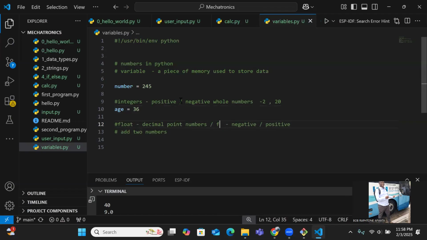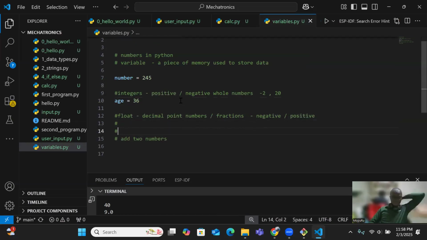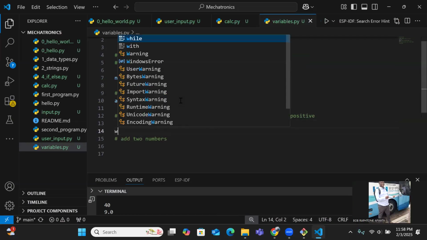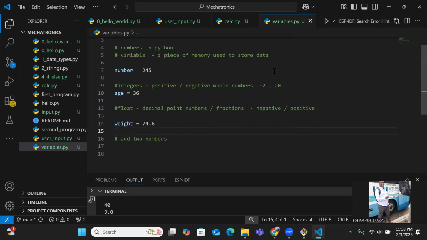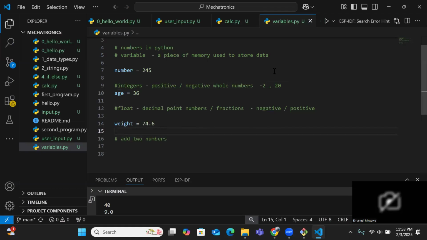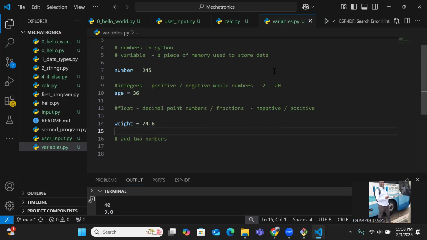You can also call them fractions, like when you talk about a half, it's 0.5. If you need to store something like your weight, your weight can be 74.6 kilograms, or 80.9. So that is a floating point. That is the second type.